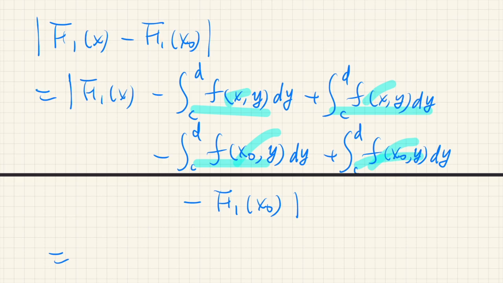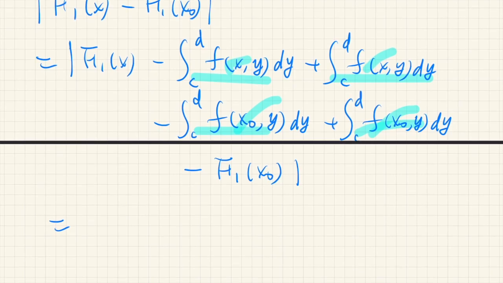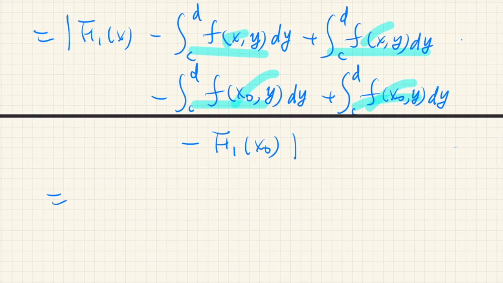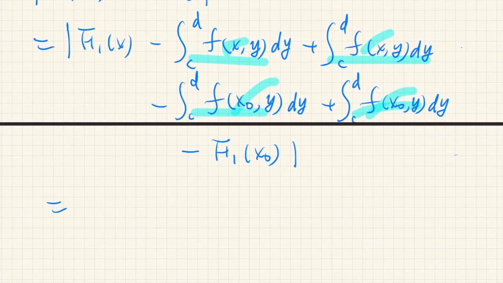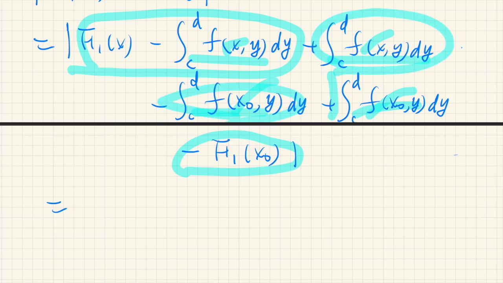And then use the triangle inequality to split this summation. So we split this together, and this and this together, and this and this together. So we split into three parts.